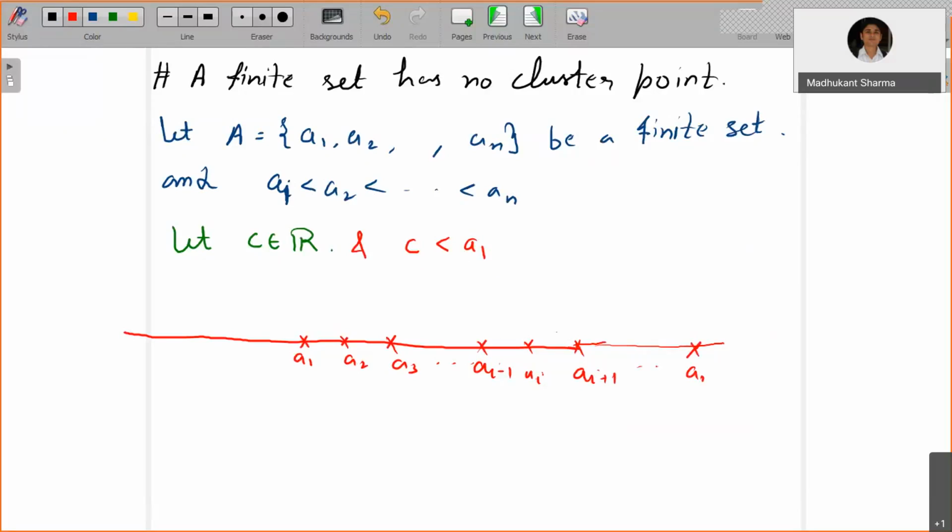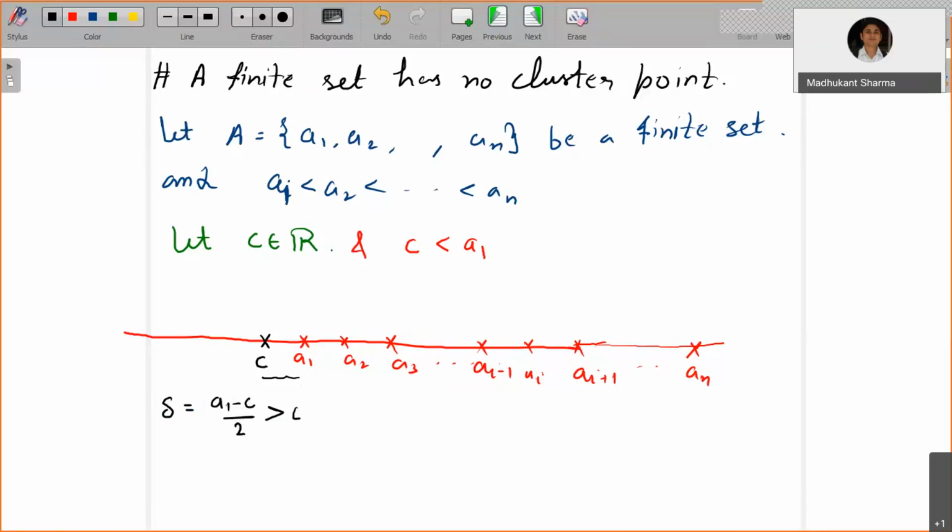This is A. By this condition, C is less than a1, so C is here. Now you can look at the distance a1 minus C, and choose delta equal to (a1 minus C) by 2.